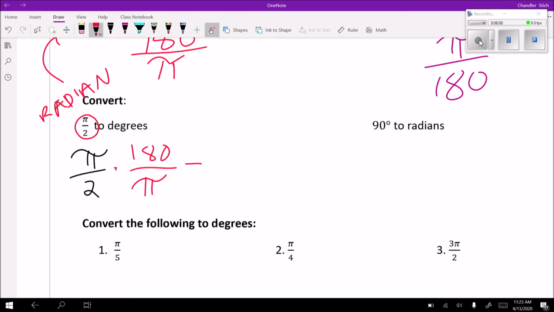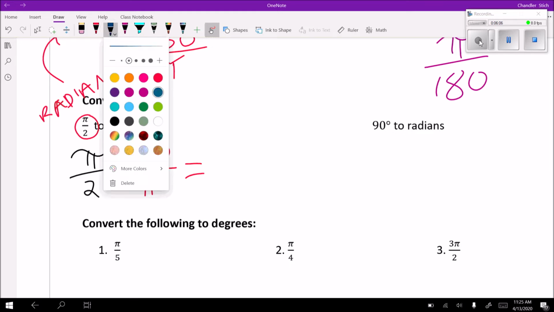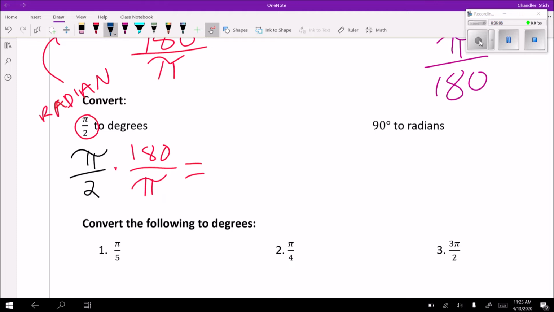When I multiply two fractions together, I multiply across. 180 times pi would be 180 pi. 2 times pi would be 2 pi. And we want to keep pi. We don't want to use decimals here. It's going to make it easier, and you'll see right here, 180 pi divided by 2 pi.